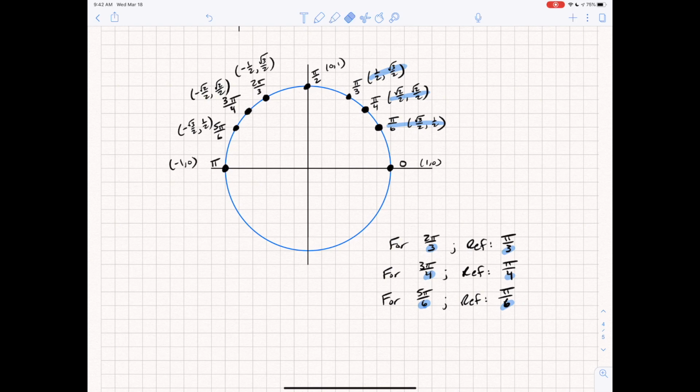All right, so just for clarity's sake, and to see if you can make a prediction with this, if I was to go to the next special angle on the circle, we would find that that special angle would be here, and it's listed at 5 pi over 6.